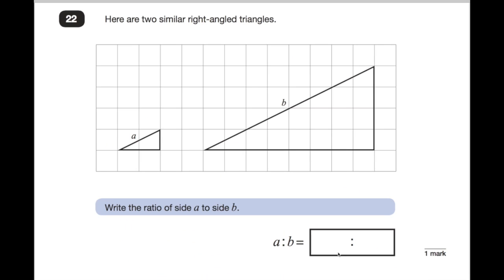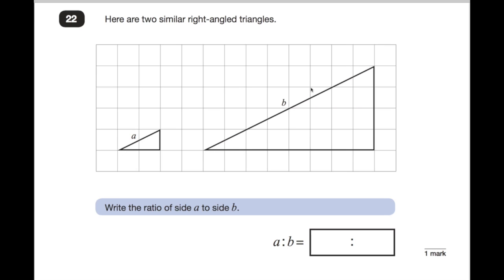Number 22 says, there are 2 similar right-angled triangles. Write the ratio of side A to B. So we're basically looking at the relationship between this side in its length and its height compared with this side with its length and its height. And if you look, this is 2 centimetres across and 1 centimetre up. That is the distance between there and that.